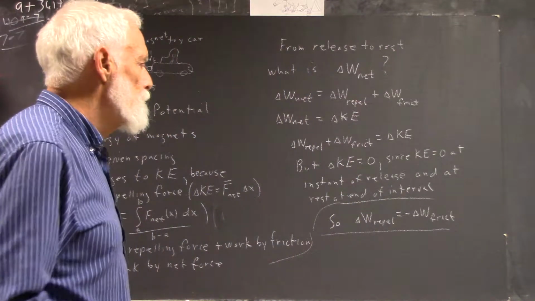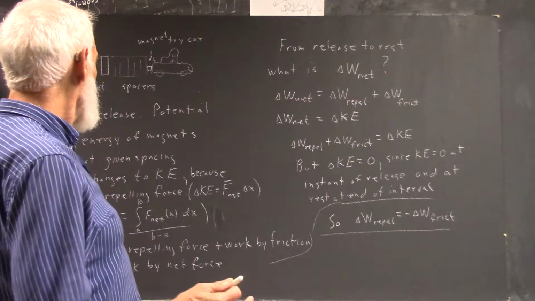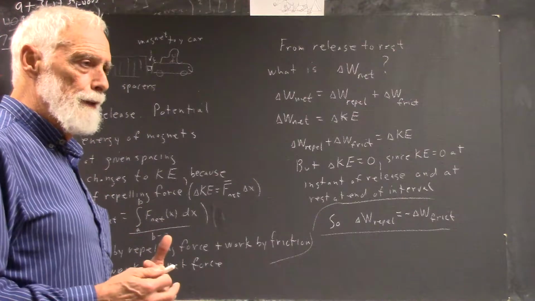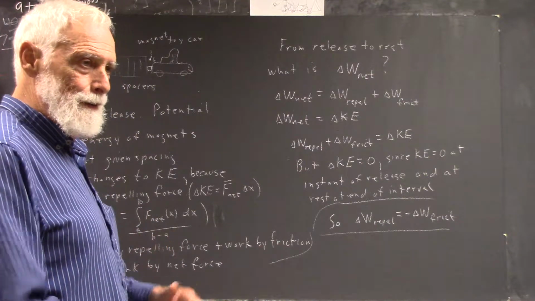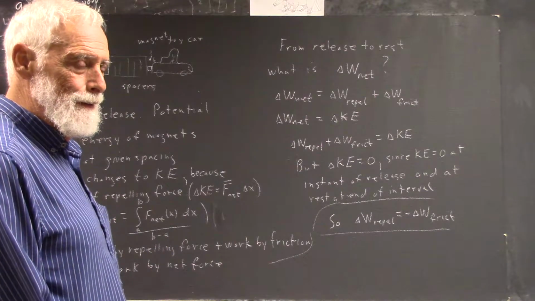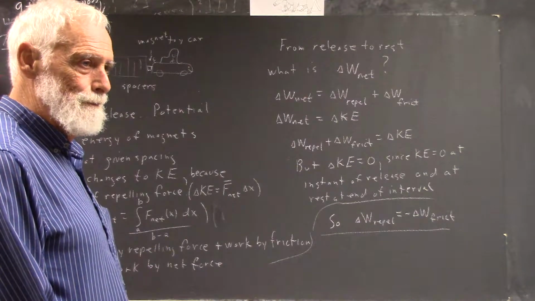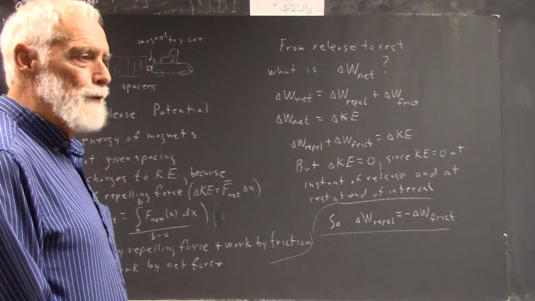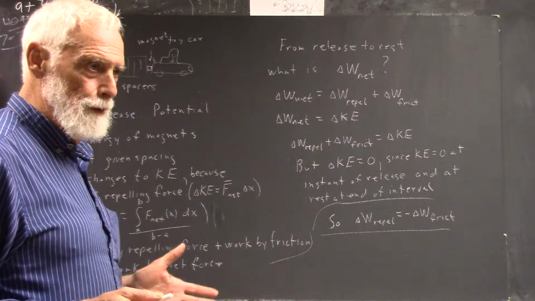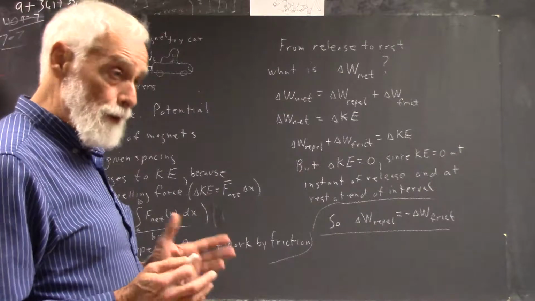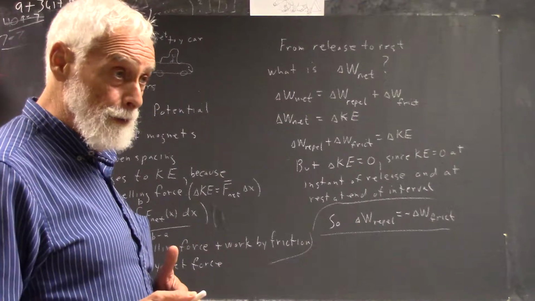Let me ask, by how much does the potential energy of the magnets change during this interval? Does potential energy of the magnets increase or decrease? Decreases. And why do you say decreases?